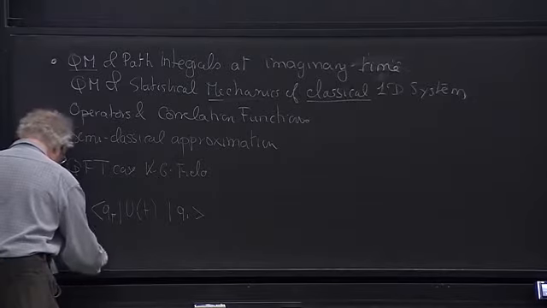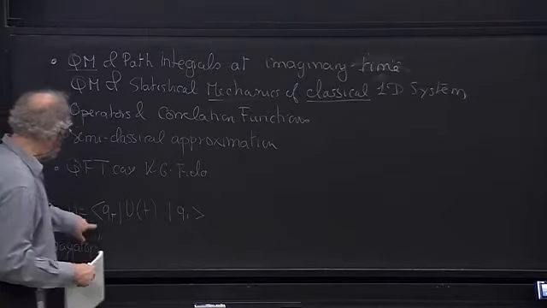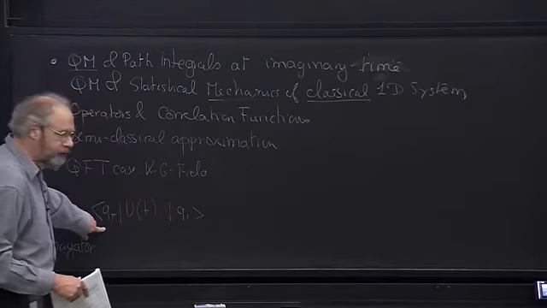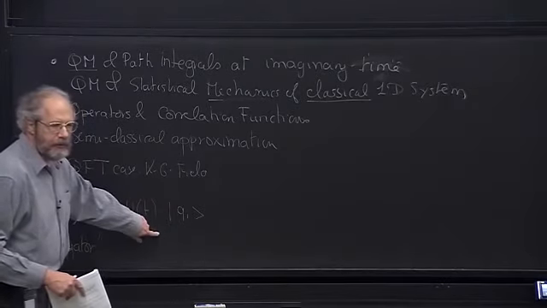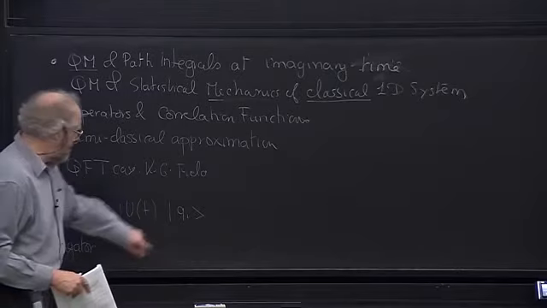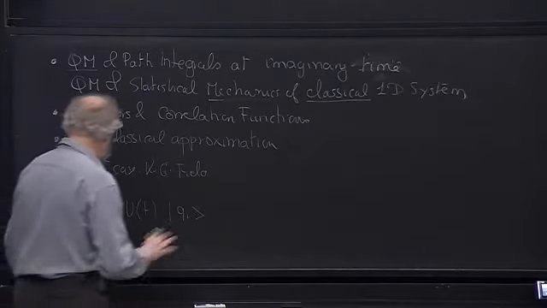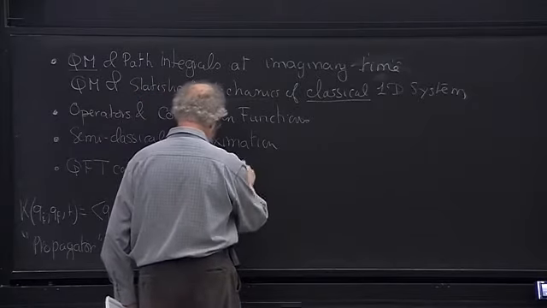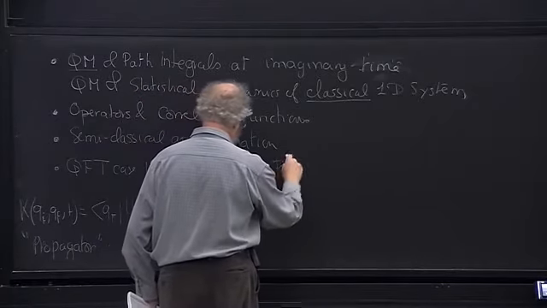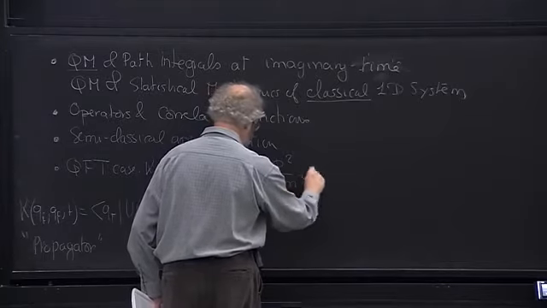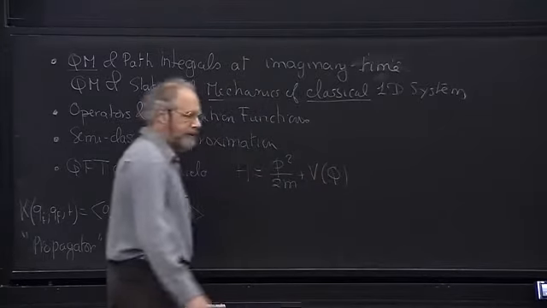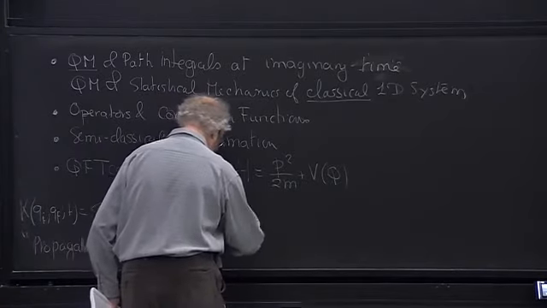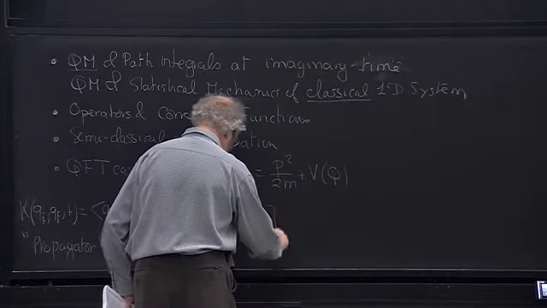That's the probability amplitude to have a particle at initial position qi and at final position qf when it evolves during a time t. And that's for a particle in a potential, so the Hamiltonian is p squared over 2m plus V of q.